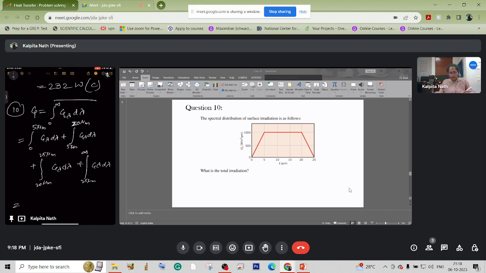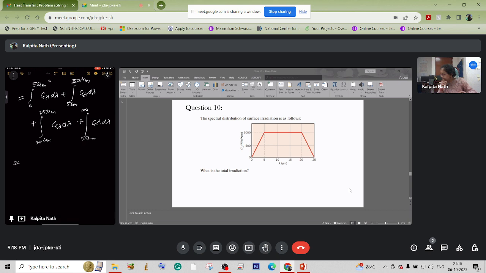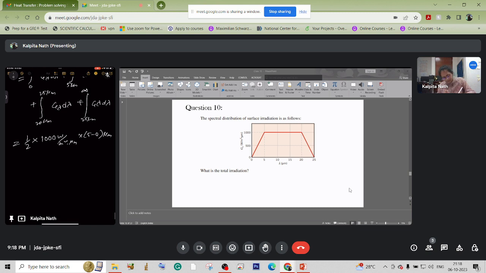Right? So from 0 to 5 this is a triangle, so this is half into length into breadth. So this is half into length, that is 1000 watt per meter square micrometer, into 5 minus 0 micrometer, right?